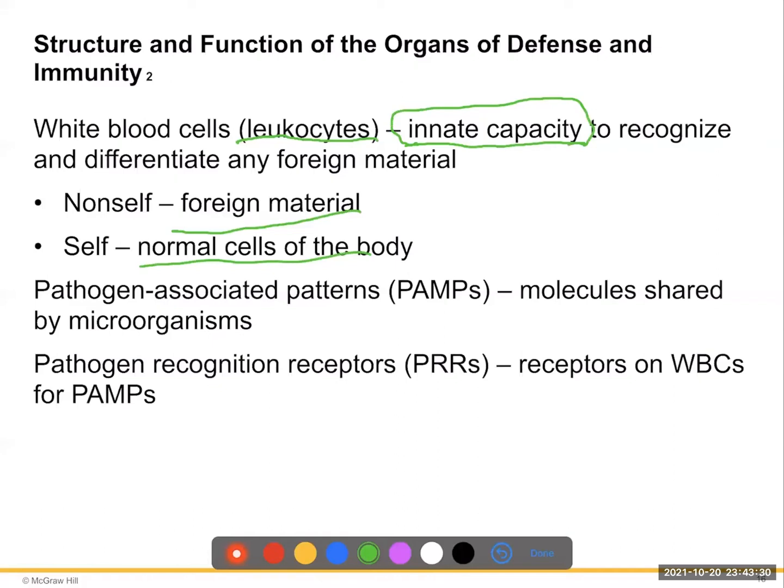Now you have pathogen-associated patterns, which are molecules shared by microorganisms. So those are on the microorganisms, and that's the pattern of molecules that they have on the outside of their cell walls. Pathogen recognition receptors are receptors on the white blood cells that recognize these pathogen-associated patterns, these PAMPs.